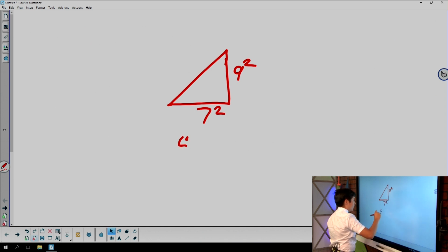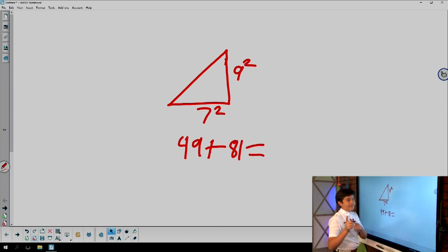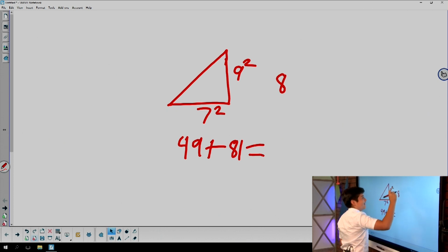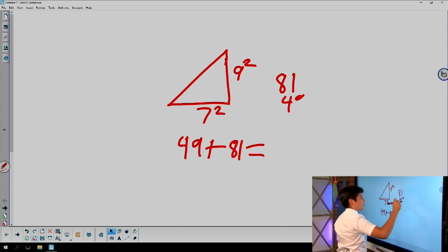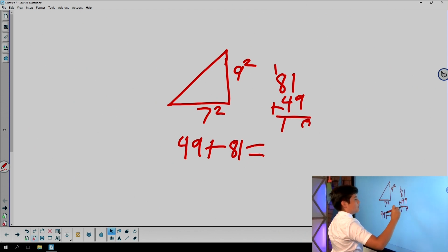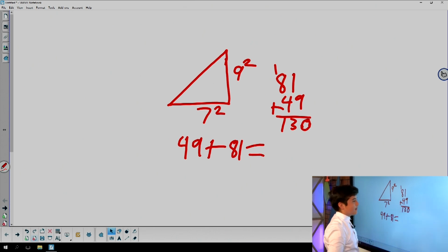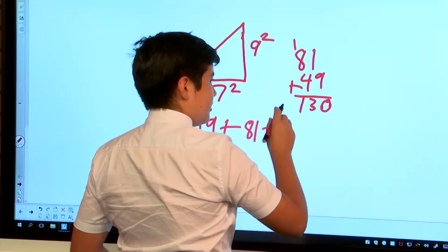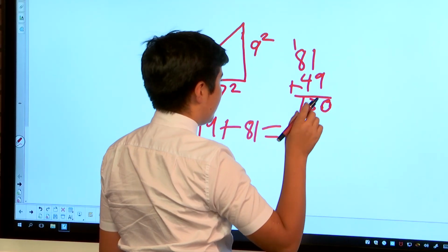So we have 49 plus 81, which equals, you'll have to find out, 81 plus 49, 130.